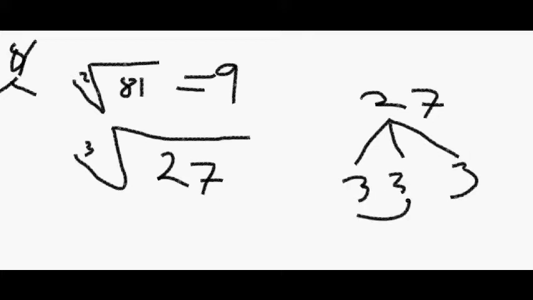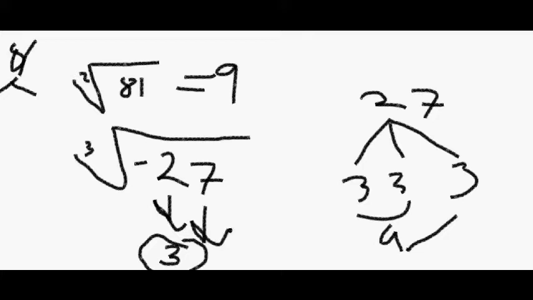Let's say this is 27. Now we have to look for what 3 numbers, because there's a 3, will give you 27 when multiplied together. Well, 3 times 3 times 3 gives you 27. 3 times 3 is 9, 9 times 3 is 27. So the answer is 3.